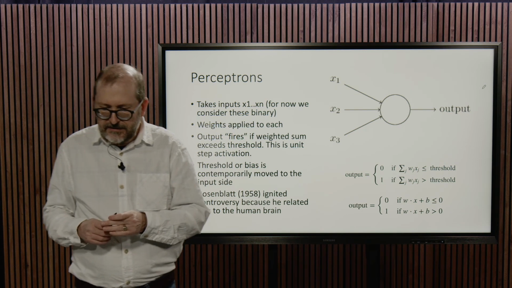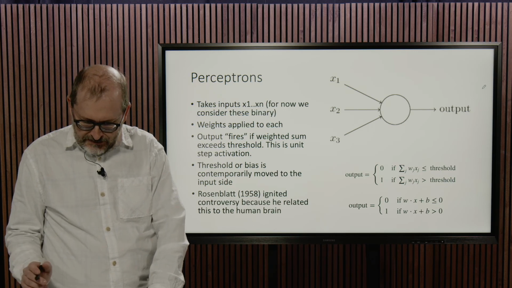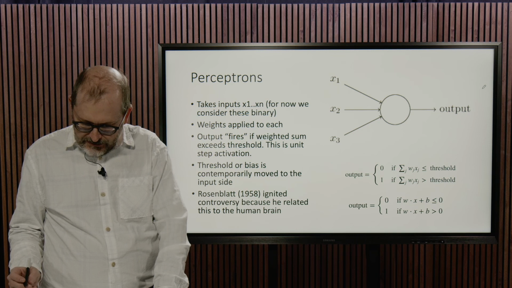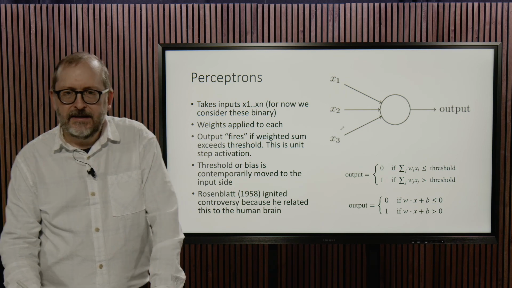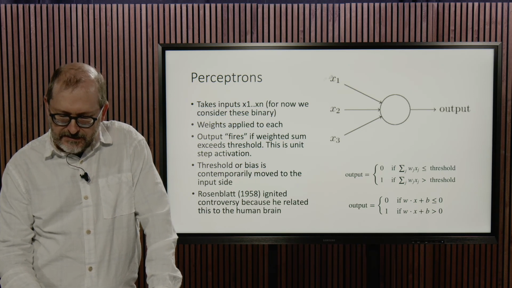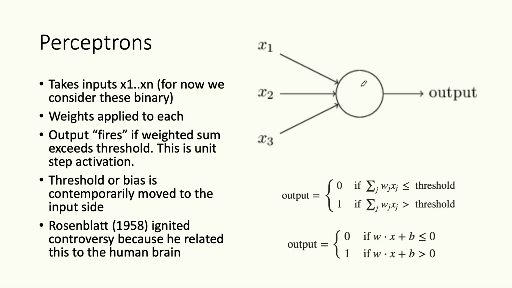So, perceptrons. Perceptrons were published by Rosenblatt in 1958. He takes some number of inputs, anywhere from two or more, so you can imagine that these can be basically any number. And in here there is a sum.